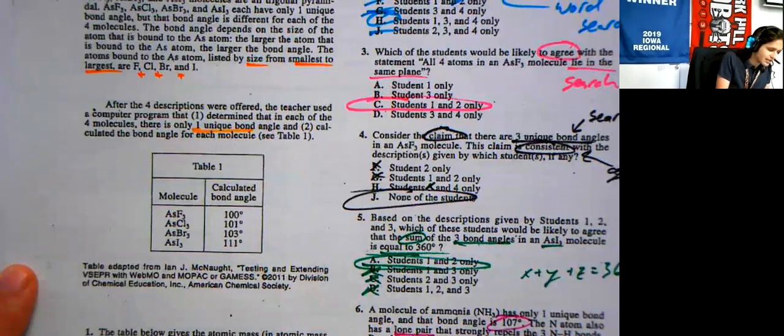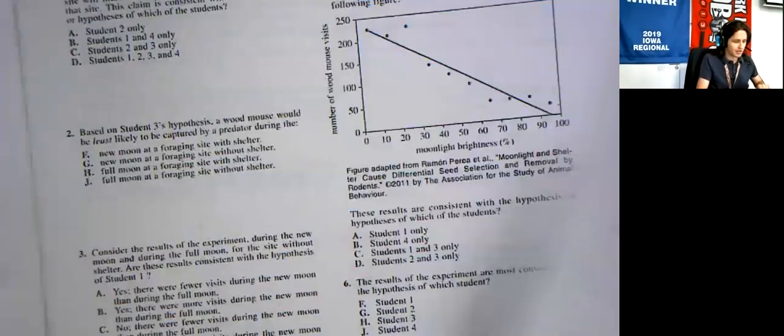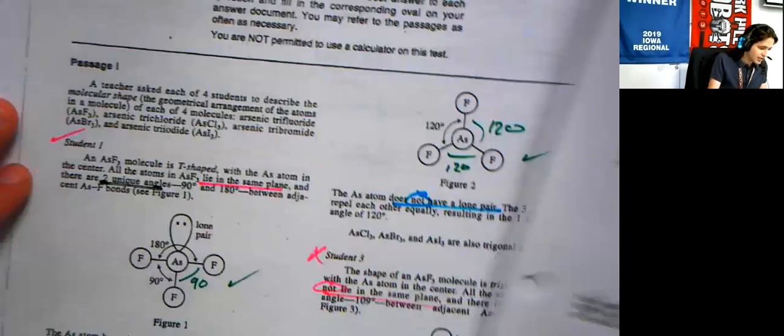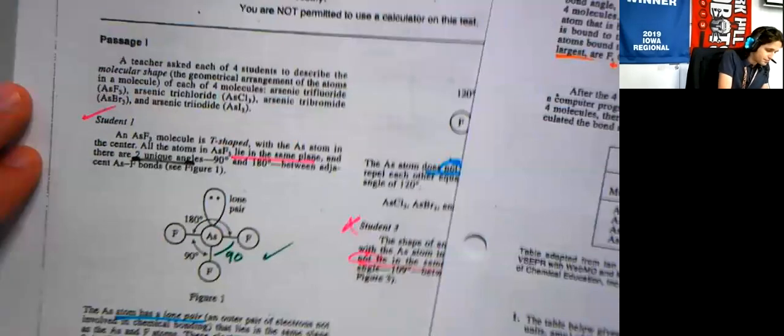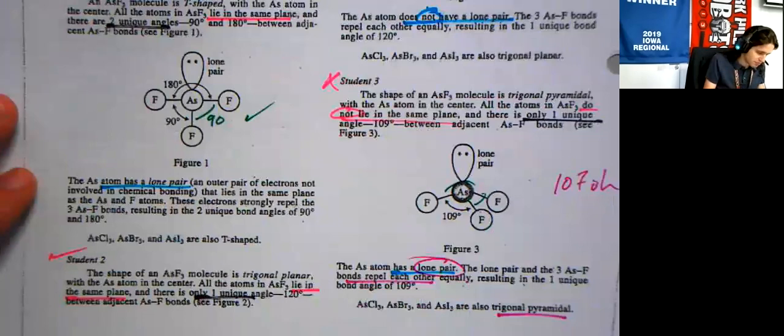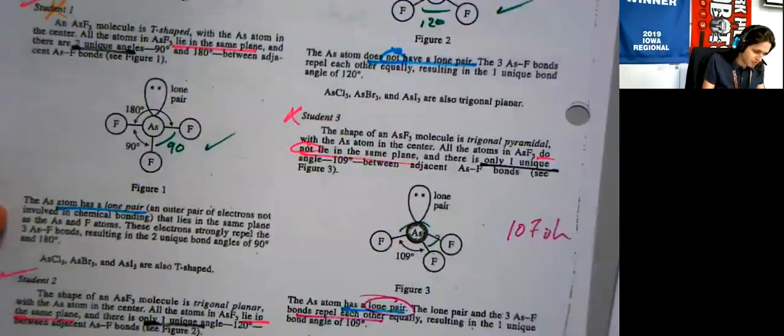Who talked about one unique bond angle? Who seems to have got this right? So it's not student 1. Could be student 2, could be student 3, could be student 4. All right, so that didn't help us that much.